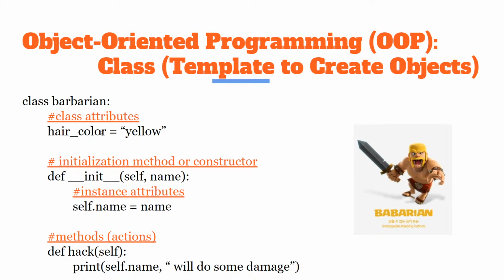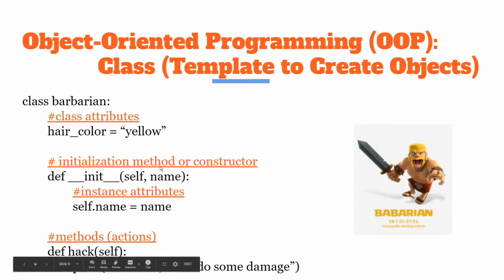Over here, we can see the class attributes. We have hair color is yellow. No matter what level of the barbarian it is, the hair is always yellow, right? So that means this hair color doesn't have to change for every single instance of this class. It's hard-coded into the class.